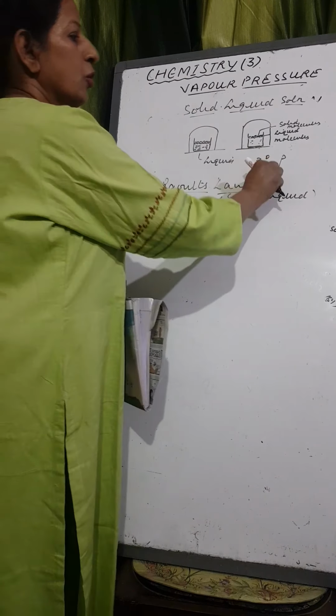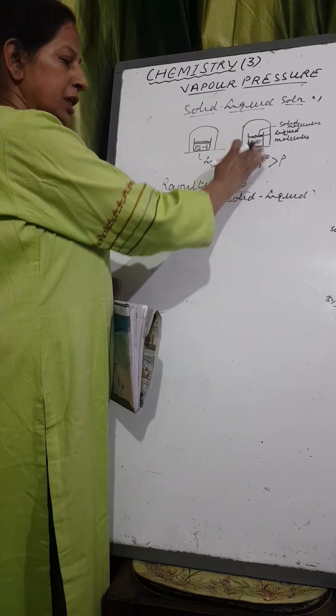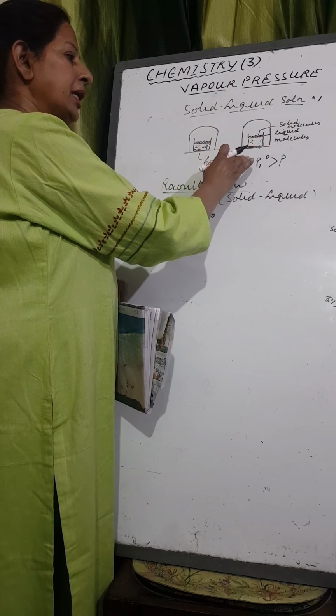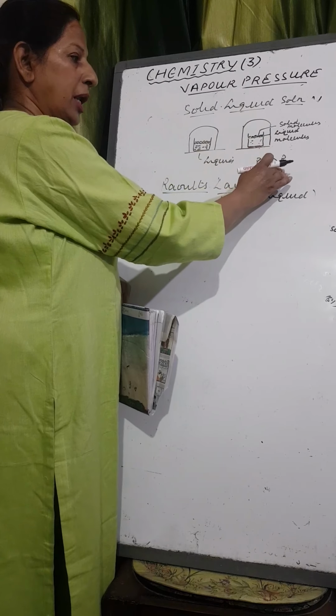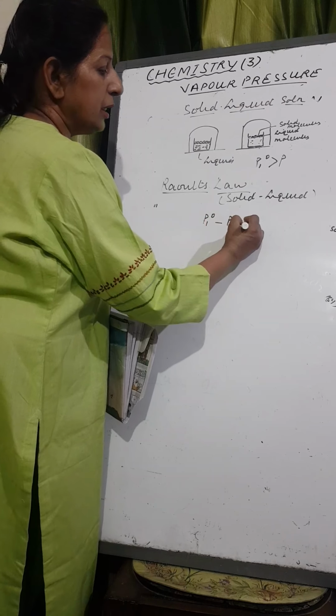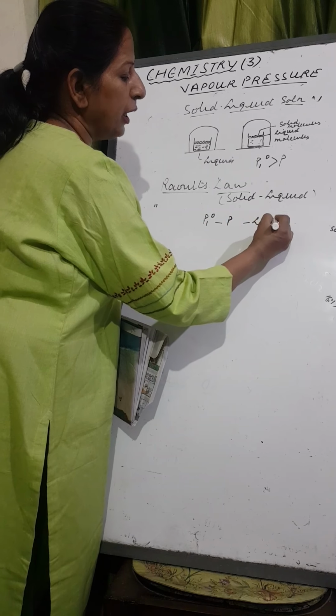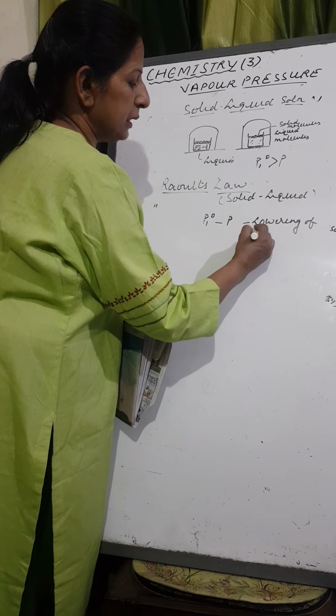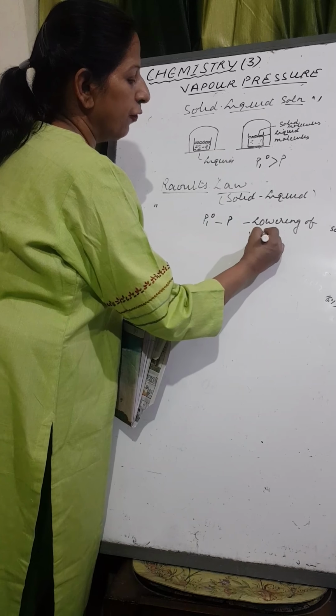So the value decreases from P1 naught and comes down to P. So there is always lowering of vapor pressure. This is the vapor pressure of the pure liquid. After adding solid, it lowers down and acquires the value of P. So P1 naught minus P represents the lowering of vapor pressure.